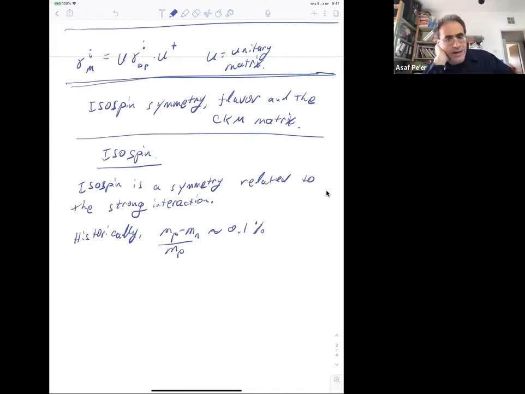And the binding energy of the different combinations, proton-neutron, neutron-neutron, proton-proton, in the nucleus is also nearly identical. Which means that since this is done via the strong force, the strong force potential is nearly the same for the two protons, two neutrons, and proton-neutron.